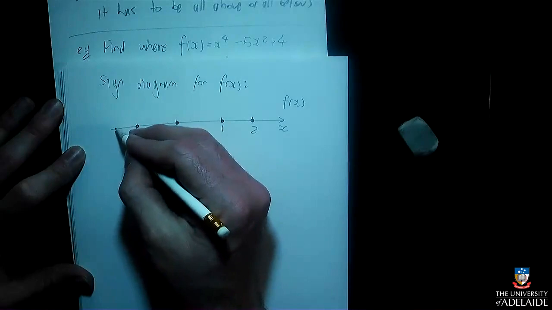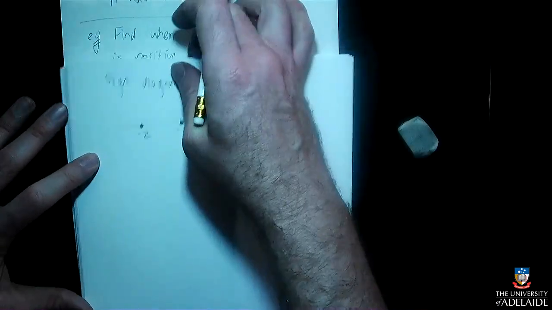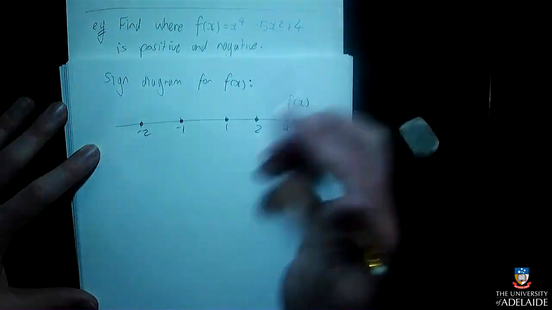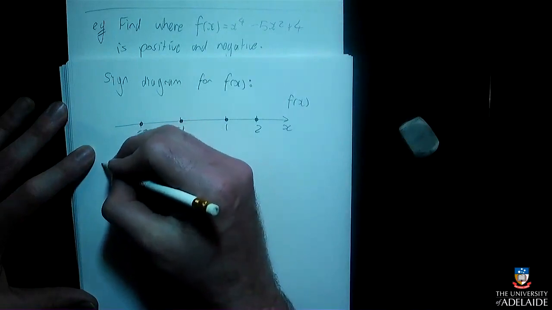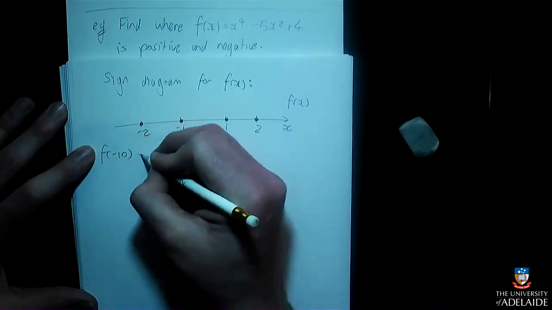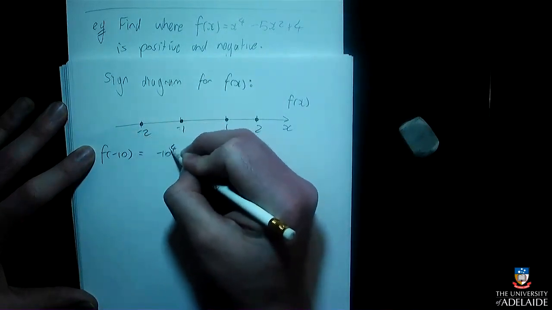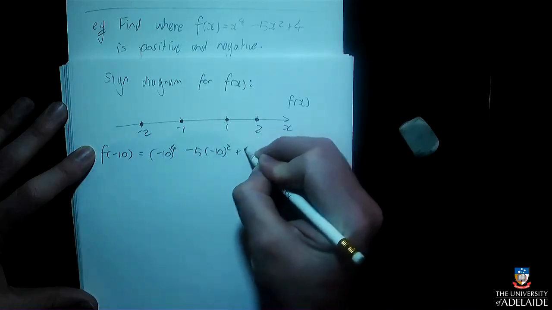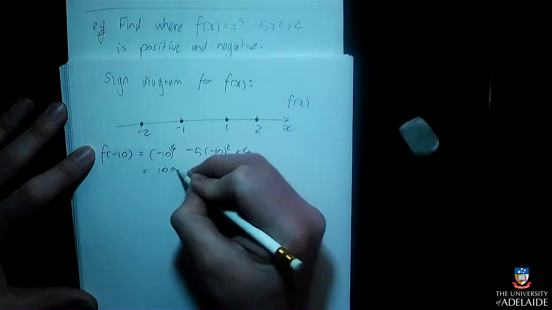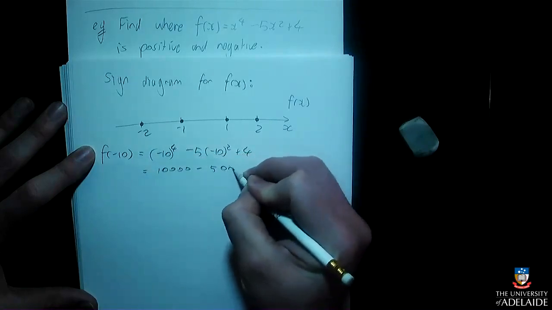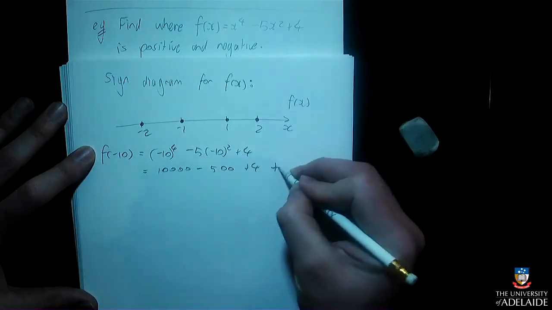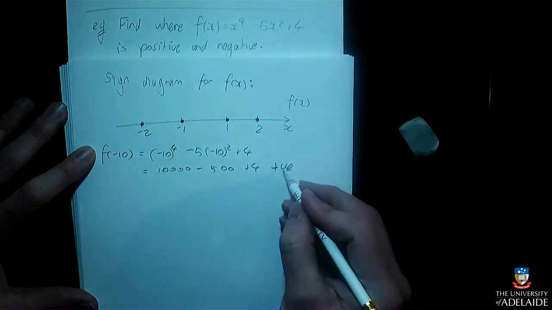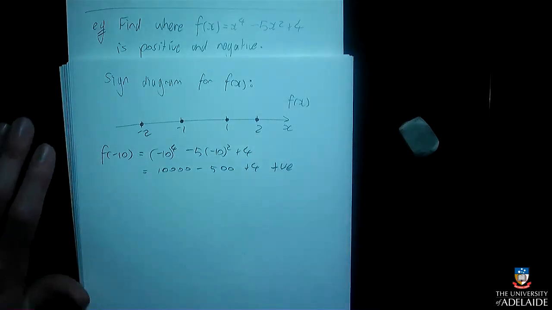For a point in this zone, I need something that's easy for me to calculate the powers of, and I can do that really well with minus 10. Minus 10 to the power of 4, minus 5 times minus 10 squared plus 4 is 10,000 minus 500 plus 4, which is positive. So this is a plus.